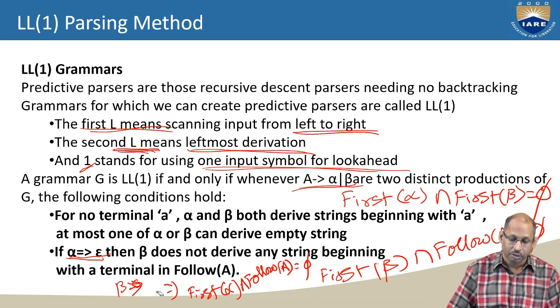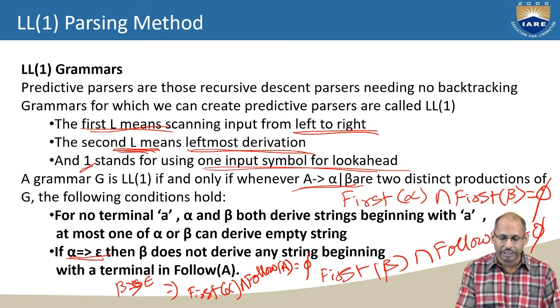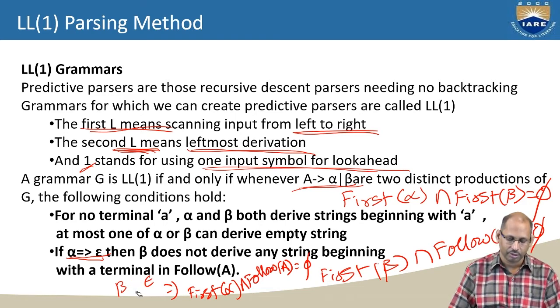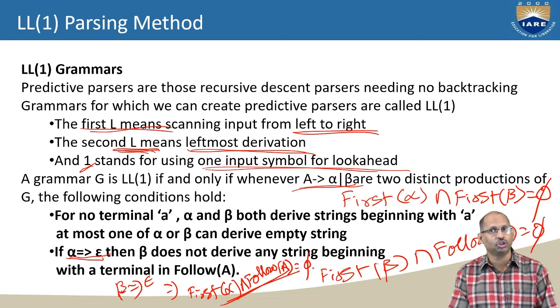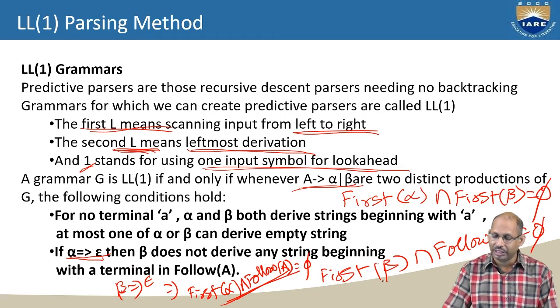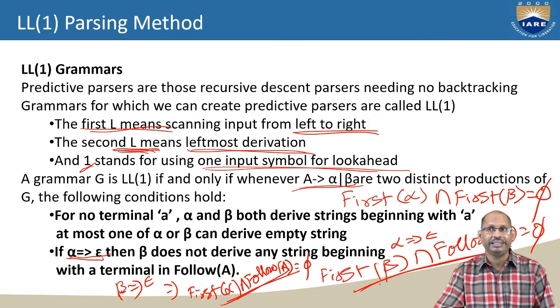If beta implies epsilon, then first of alpha intersection follow of A should be phi. If alpha implies epsilon, then first of beta intersection follow of A should be phi.